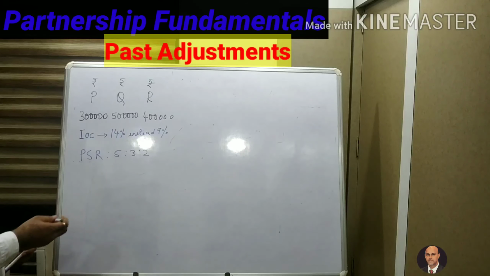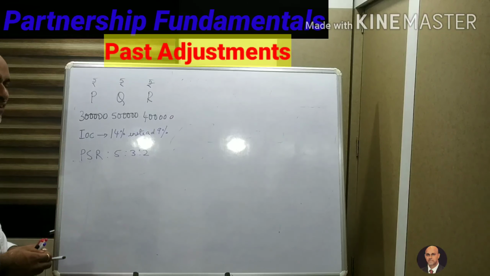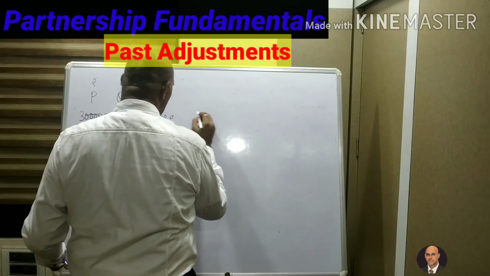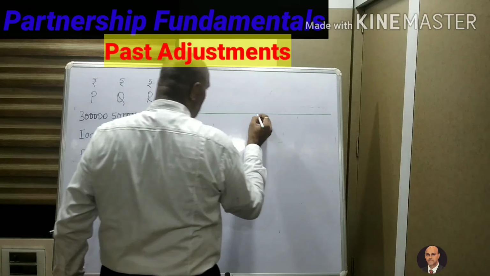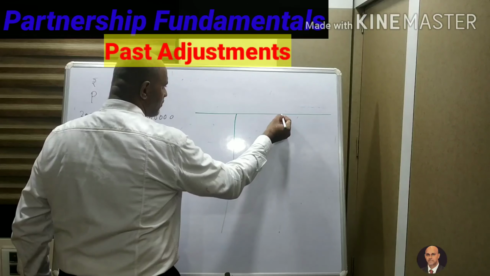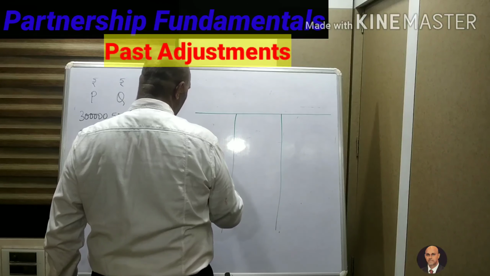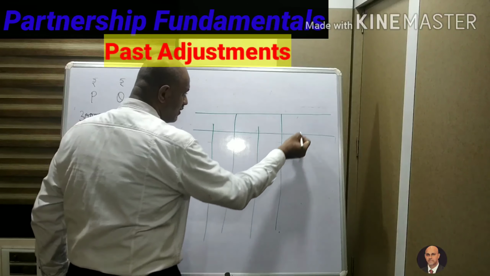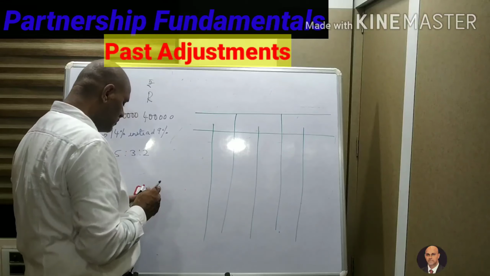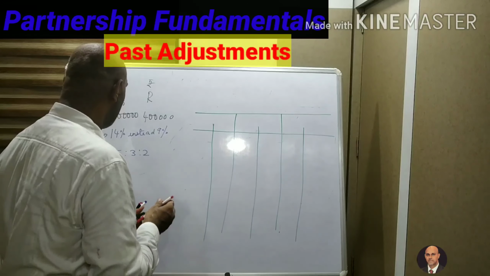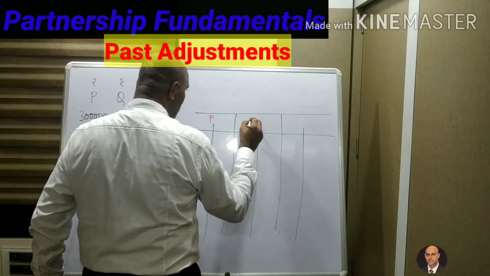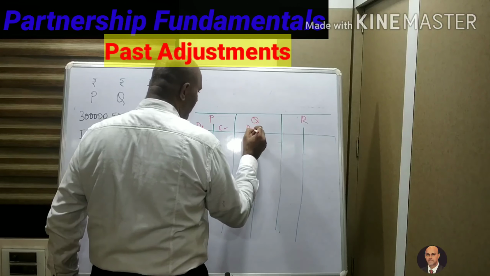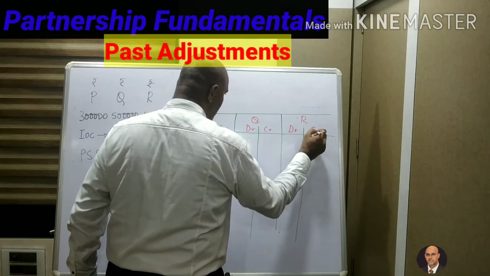Fine. So now I draw up the columns, and since there are 3 partners, I would divide it into 3 big columns and then subdivide it into 2 further ones. This is for P, this is for Q, and this is for R. Debit, credit, debit, credit, debit, credit.